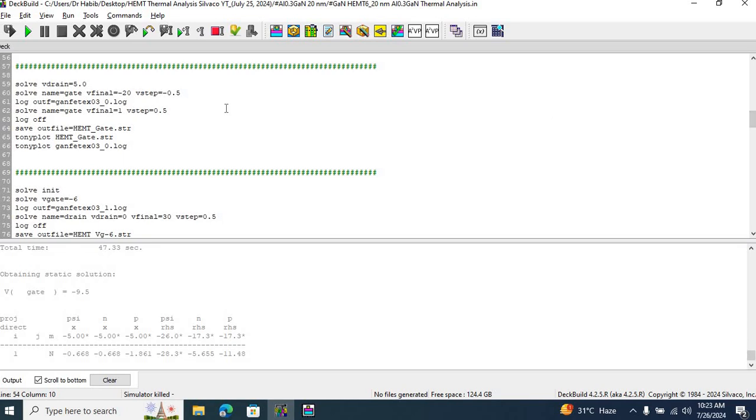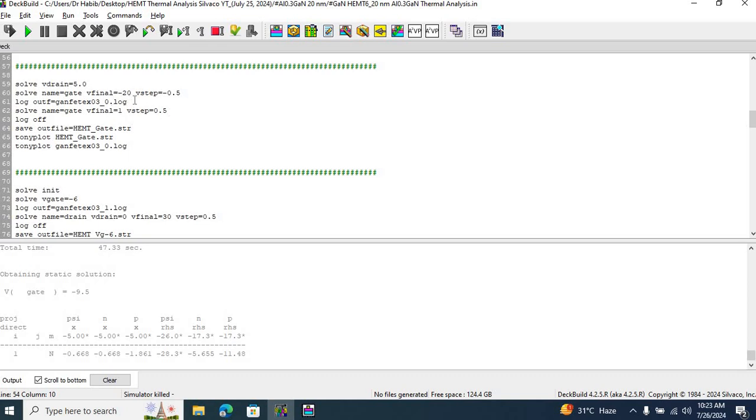Now I want to look at a family of current voltage characteristics. First, I want to look at ID versus VGS characteristics without heating. So I have set the drain voltage at 5 volts and I'm ramping up the gate voltage from minus 20 to 0 volts initially, and then from 0 to 1 volts.